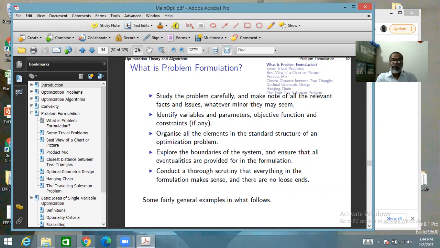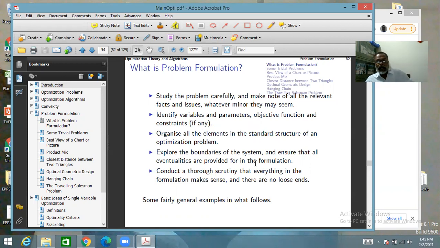Now, explore the boundaries of the system, what will happen in this extreme case and in that extreme case and so on, and ensure that all eventualities are provided for in the formulation. Conduct a thorough scrutiny that everything in the formulation makes sense and there are no loose ends. This much is the beginning which you need to do from the knowledge of your own field.